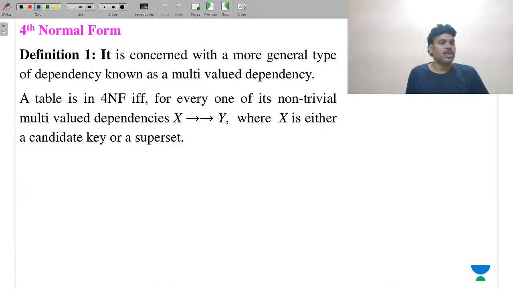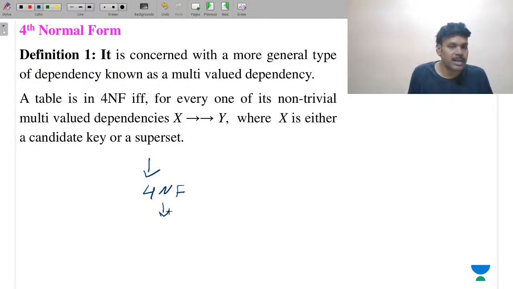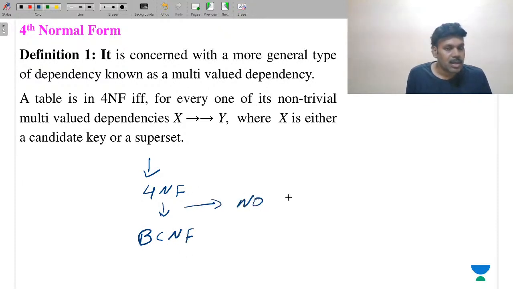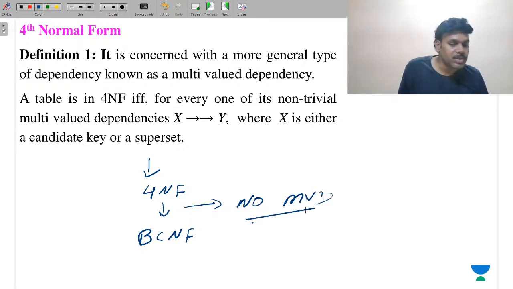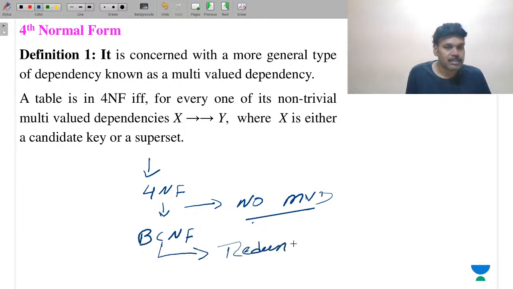So what is the fourth normal form? The main responsibility of 4NF is that it is supposed to be in BCNF and see that there are no multi-valued dependencies. This is the rule, because BCNF suffers from redundancy because of multi-valued dependencies.